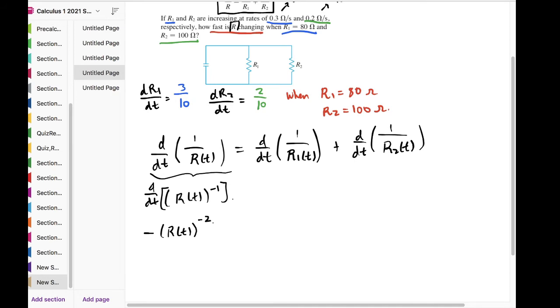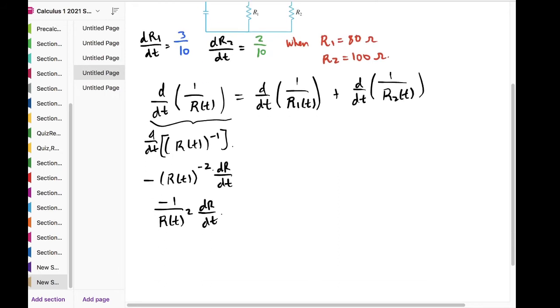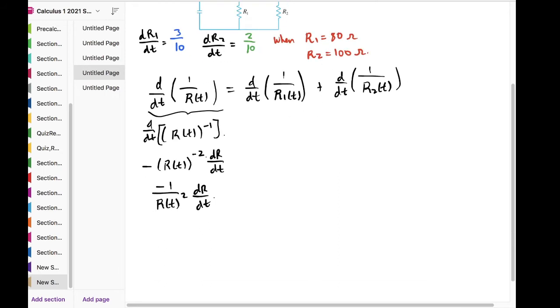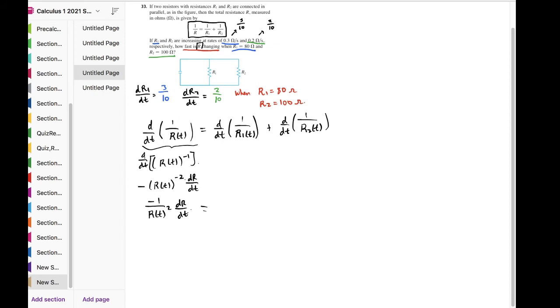So that's the chain. But then I need to remember one more thing, not just -1 over R squared, but what else do I need to remember? dR dt. That's the chain. Okay, since all of these look the same, it's probably going to be the same for each. So this is going to be -1 over R1 of t squared dR1 dt, and -1 over R2 of t squared dR2 dt.